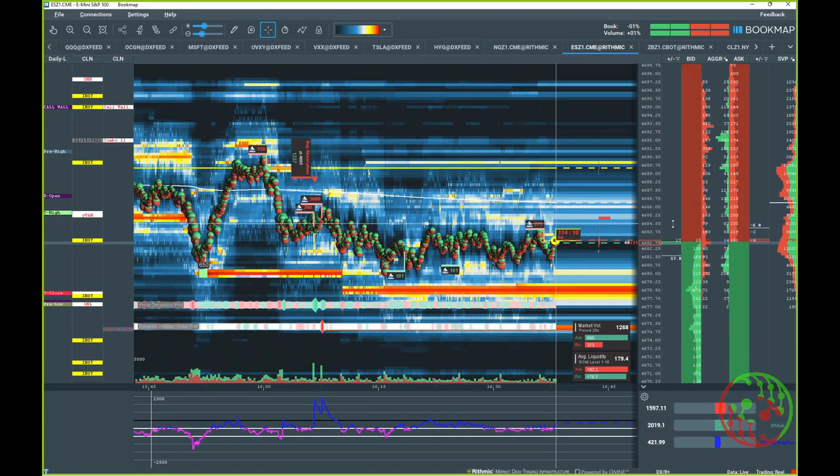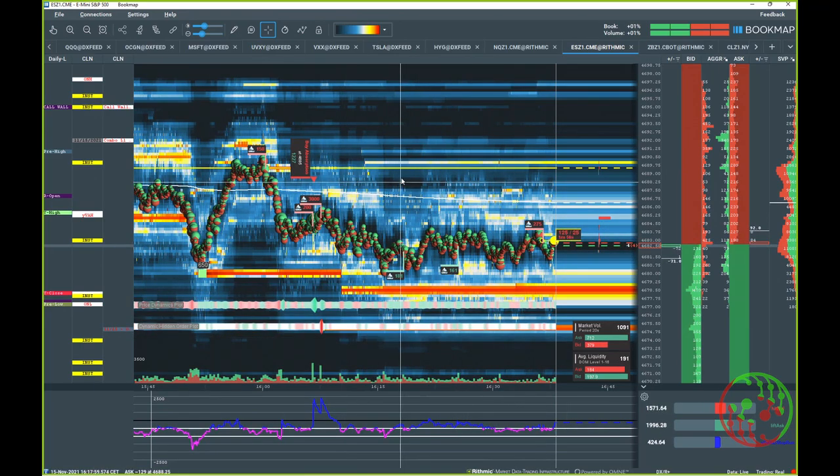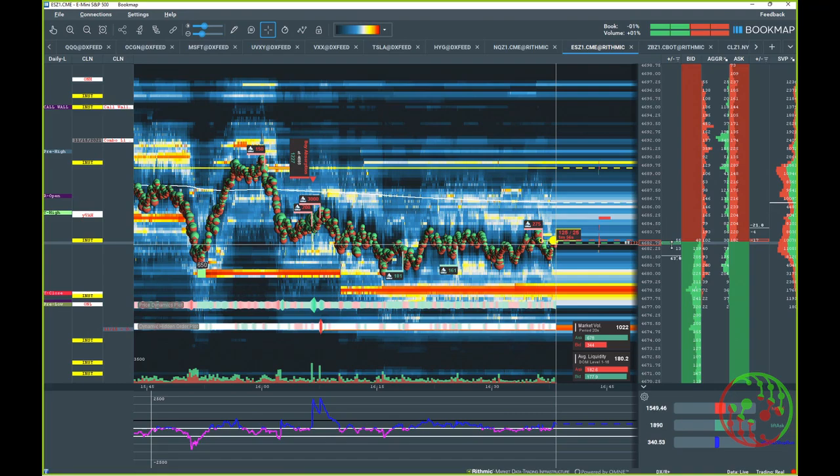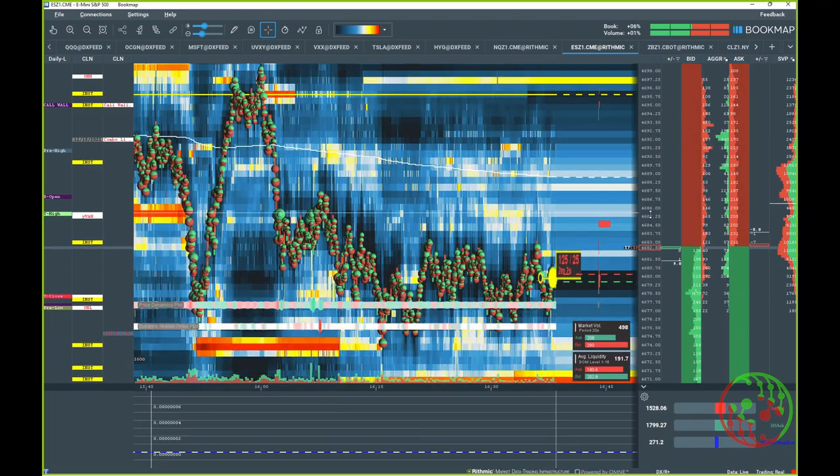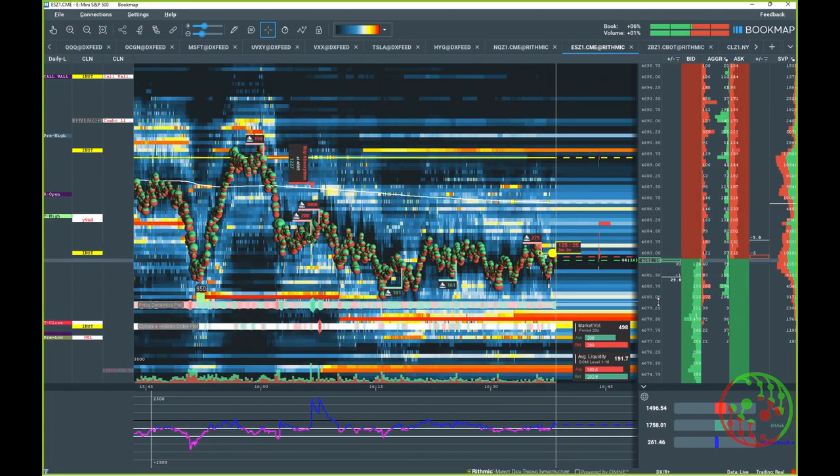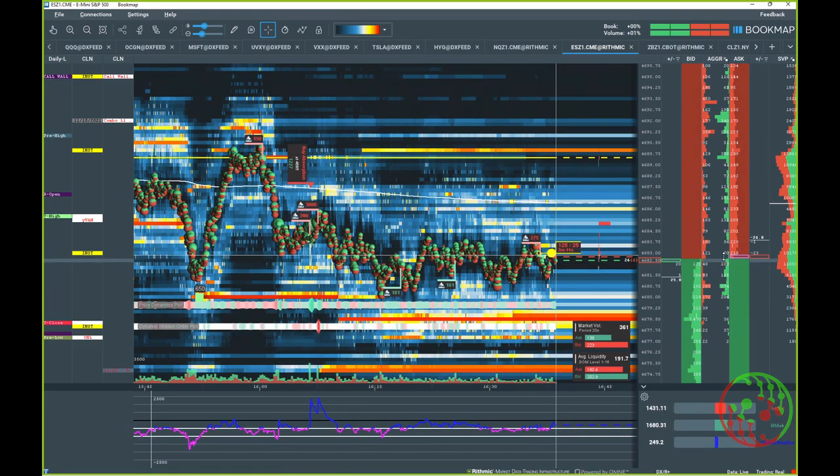I will show you during the next days where you can download all these settings for free, and you can apply it in 5 seconds if you want. So they are selling right now here. The price is here, 82.50, and you see this red. They are selling into bids, and the greens are buying from ask.